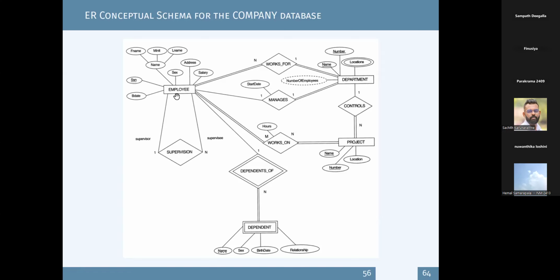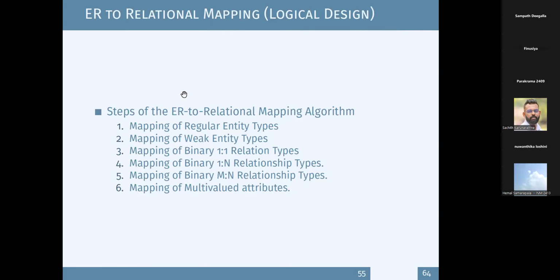So we create a relation called employee. We include all these attributes. In this particular case, we can have social security number, birth date, and all the simple attributes. Here, this is composite. We'll use first name, middle initial, last name, then sex, address, and salary. We included these for the employee relation.